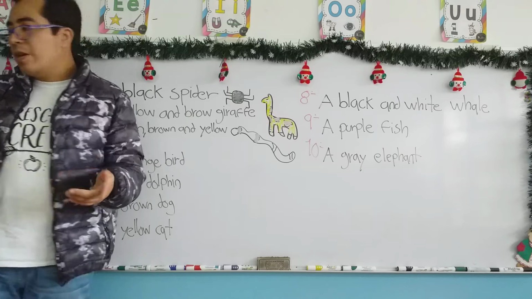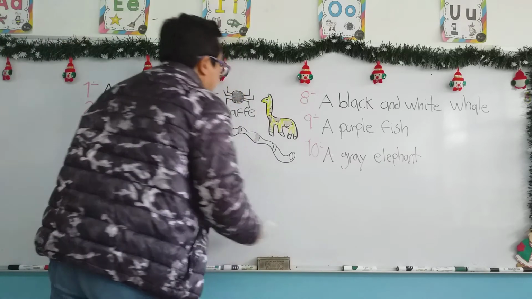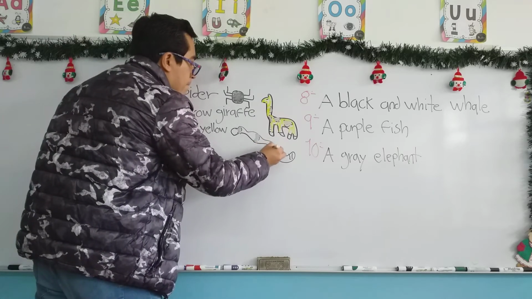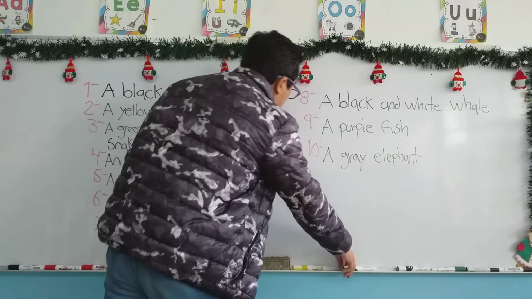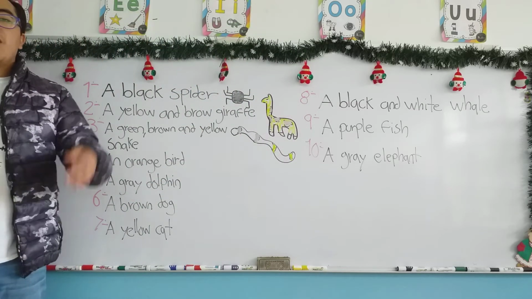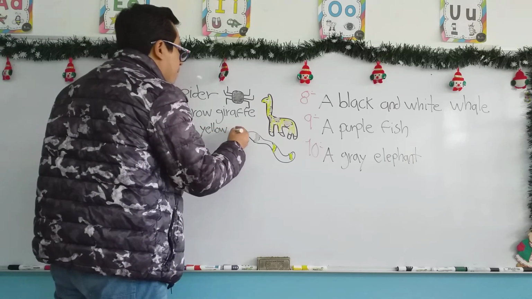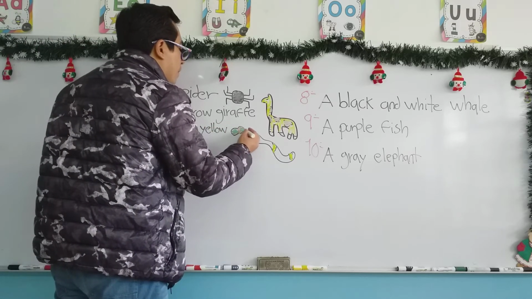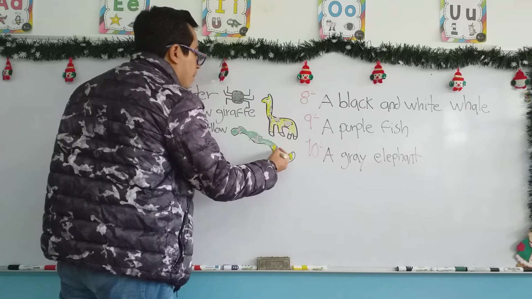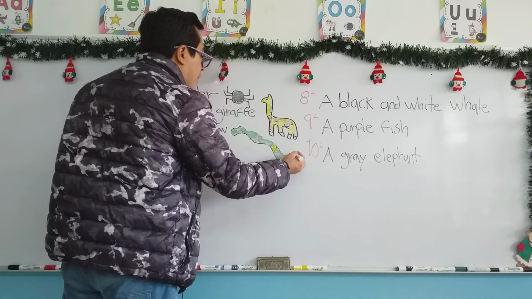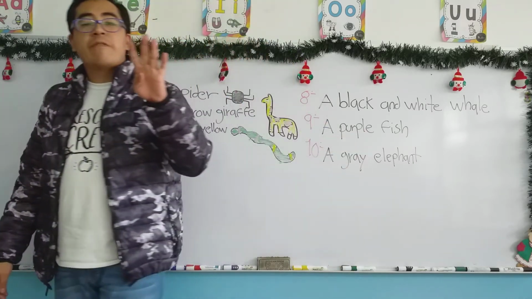Okay, with color yellow, other stripes of the snake. And finally, with the color green, we can paint the rest of the snake, the full body. Okay, let's continue with the number 4.